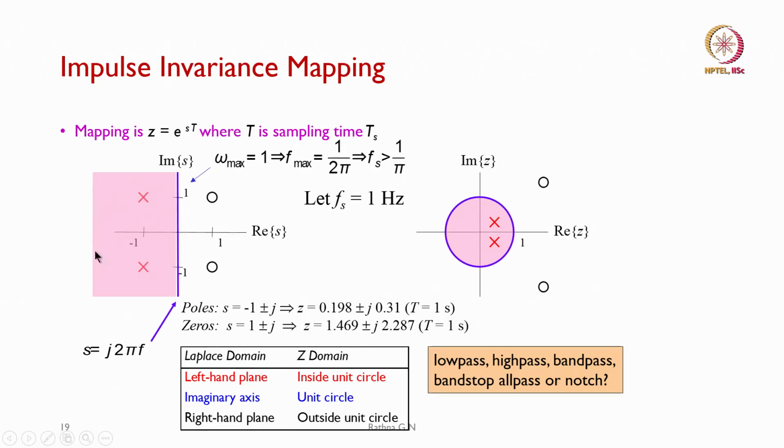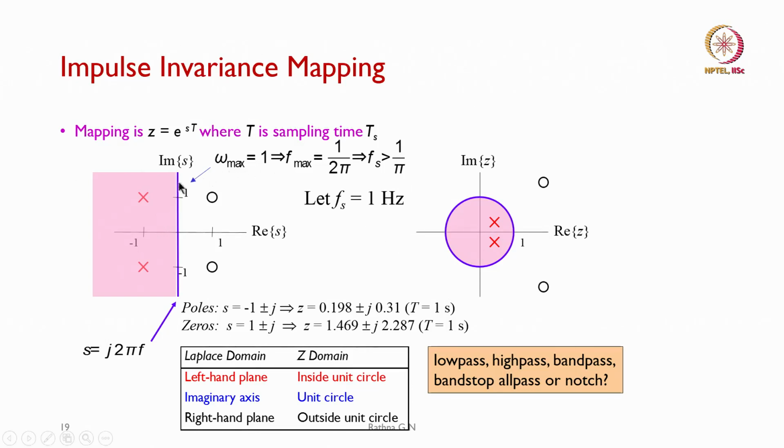The poles on the left hand side of the Laplace plane are mapped inside the unit circle, and the imaginary axis, which is shown in blue, s equal to j 2 pi f, gets mapped on the unit circle, which has magnitude 1. The zeros on the right hand side can be mapped outside the unit circle. So, this is how the transformation from Laplace to Z transform happens.